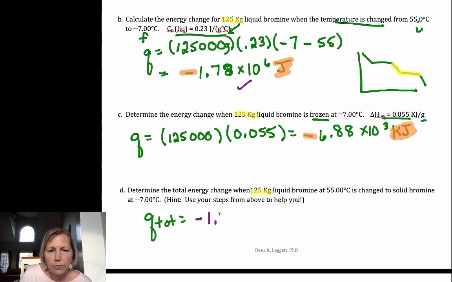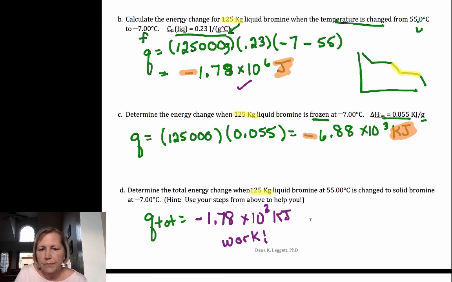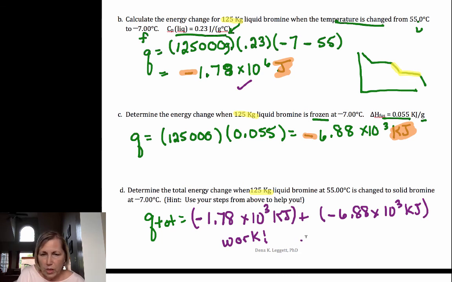That's minus 1.78 times 10 to the third kilojoules. If you were my student, I'd expect you to show me that work, in large part so I can get you some partial credit. And now we're going to add the other heat, which is a minus 6.88 times 10 to the third kilojoules. So the total for both processes is minus 8.66 times 10 to the third kilojoules.